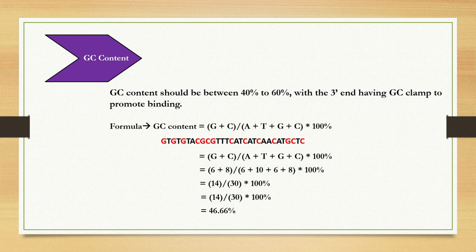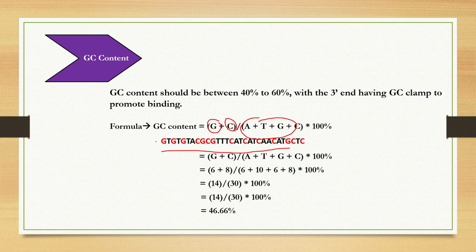We can calculate the GC content of our primer using a very simple formula, in which you should know the G's and C's present in your primer and the total count of your nucleotides. So the number of G's plus the number of C's, divided by the total number of base pairs, into 100, because we are calculating the percentage. For example, we have this primer sequence here.